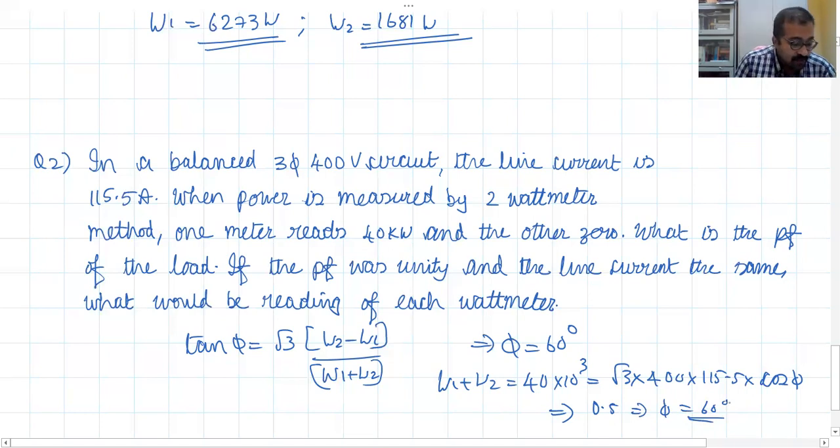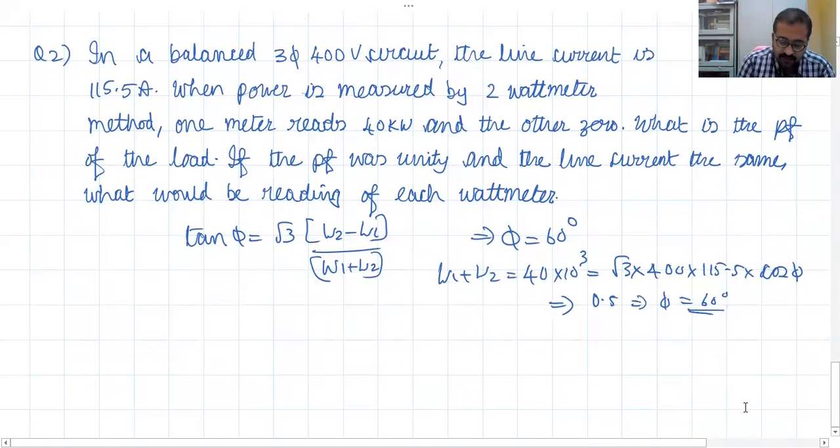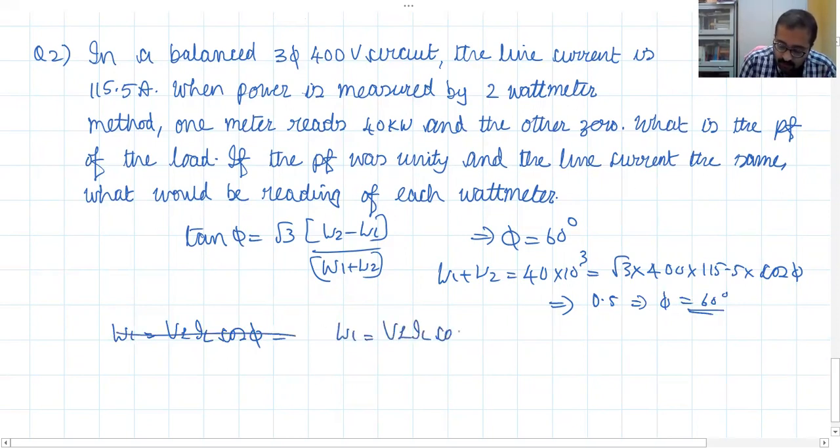Now what is the next part? If the power factor was unity and the line current the same, what would be the reading of each wattmeter? W1 would have been VL IL cos (30 plus phi). Phi is 0 here, and it will be the same as W2.